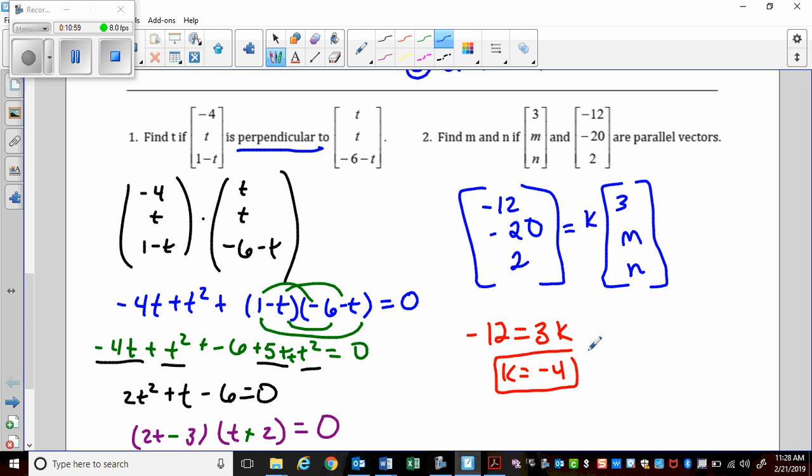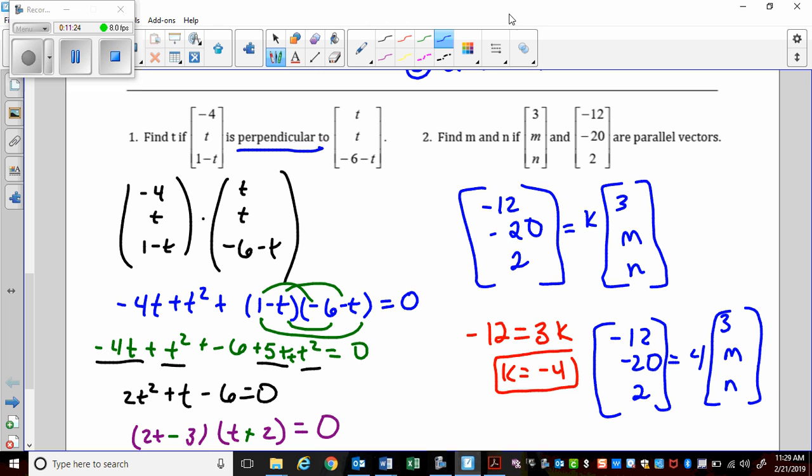Okay, same thing for the rest. Well, then I know that this is negative 12, negative 20, and 2 equals negative 4 times 3, m, and n. Now I can solve for m.